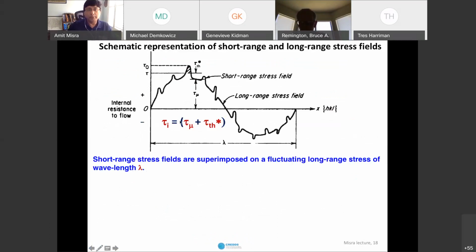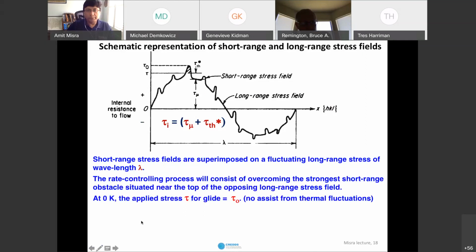And this is the total internal stress opposing dislocation motion in this direction, which is some crystallographic direction on the glide plane. And the total is the contribution, which is athermal from the long range stress field, and the thermal contribution that's superimposed on top of it from the short range barriers. Now, clearly at 0 Kelvin, when there is no thermal assistance, then the applied stress for glide will be tau naught, which is shown here at the top.